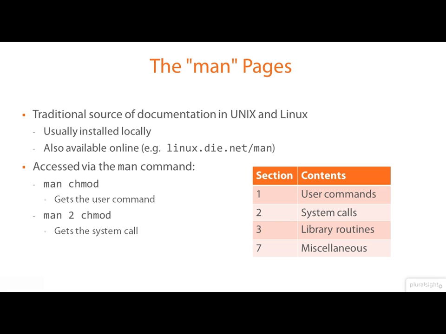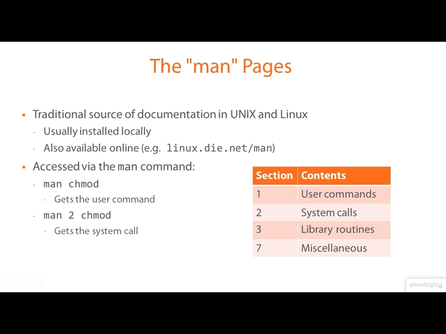Now, each man page is allocated a section number depending on the kind of thing it's documenting. So the user commands are in section 1, the system calls in section 2, the library routines in section 3, and so on. Most of the time you don't much care what section number something is in, but sometimes you do, because by default man will find a matching page from the lower numbered section.